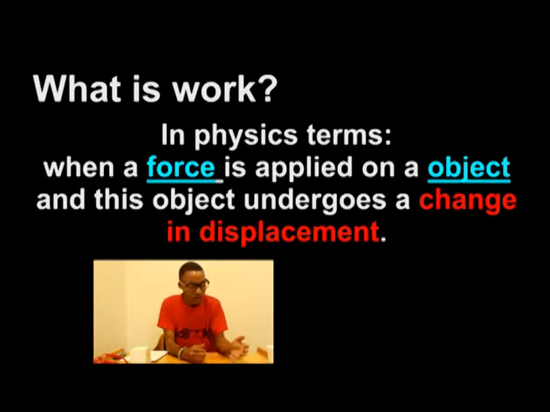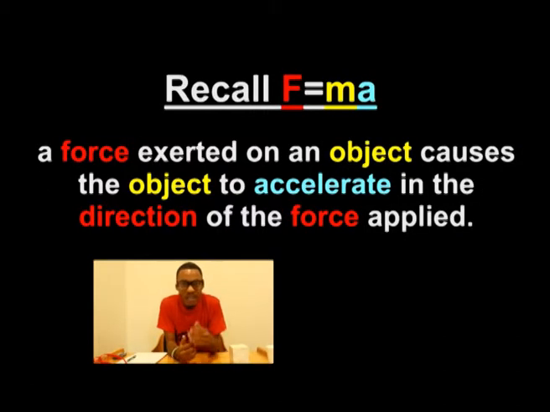Okay? We have a force being exerted on an object, and this object undergoes a certain displacement. Then work has been done, just as I have demonstrated. And this fact is also reinforced by Newton's second law, which states that if you apply a certain force on a mass, the object will accelerate in the direction of the force.